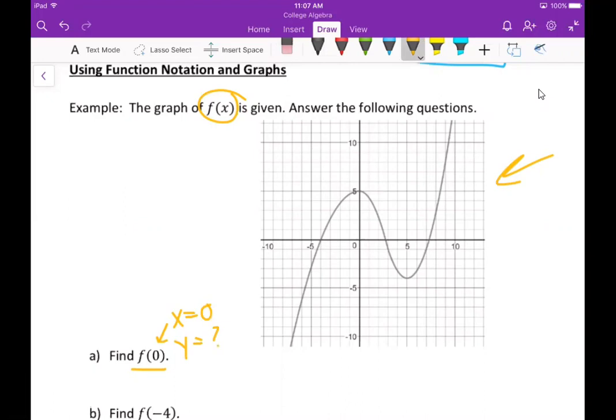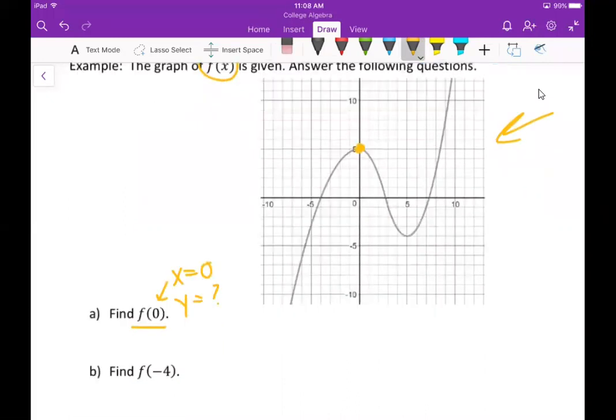So if x is 0, that means I'm on this line here, right? This is the only place x is 0. And if x is 0, it must be that y is 5. There's my point on my graph where x is 0. So my answer here would be that y equals 5, and that's my output when my input is 0.